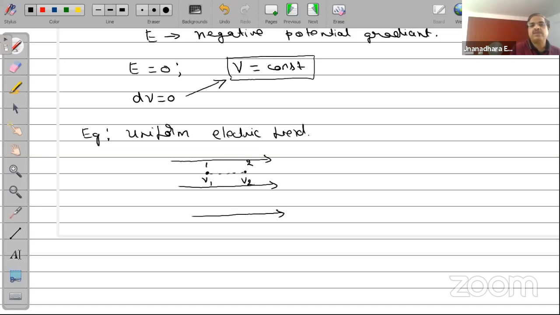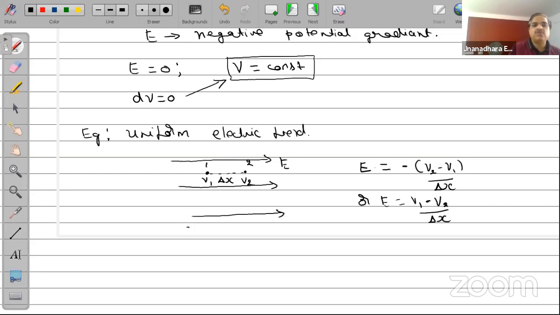Let us take the separation between them as delta X. If the electric field is E, then it can be shown that E can be written as minus (V2 minus V1) divided by delta X. In other words, the electric field can be written as (V1 minus V2) by delta X.